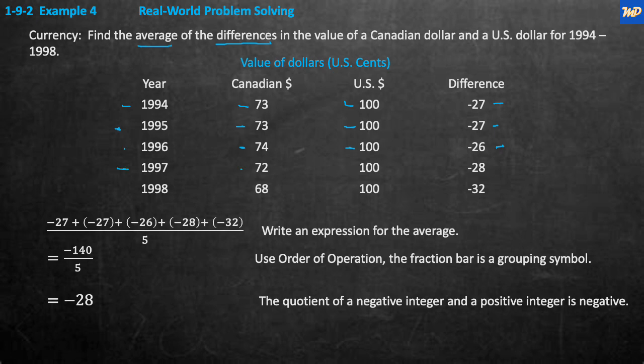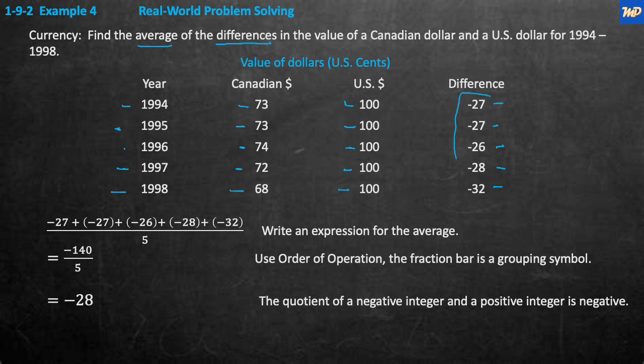It dropped back down to 72 cents based on the 100 cents in the American dollar. So now it's worth 28 cents less than the American dollar. And then here in 98, it's worth 68 cents compared to the American dollar's 100 cents. And that means it's negative 32, or 32 cents less valuable than the American dollar. So these are the differences.